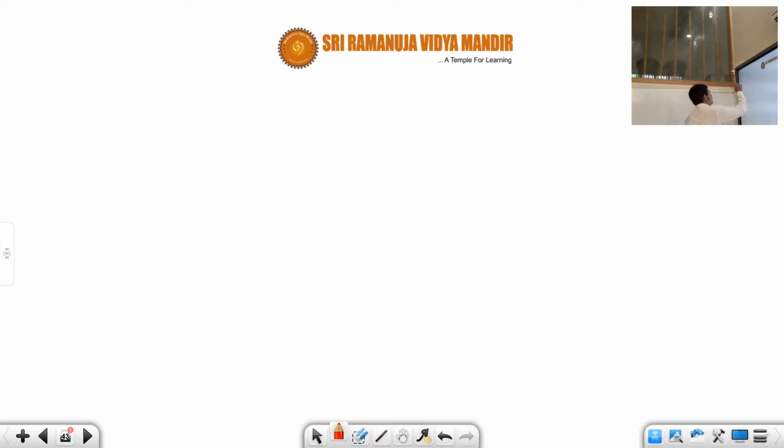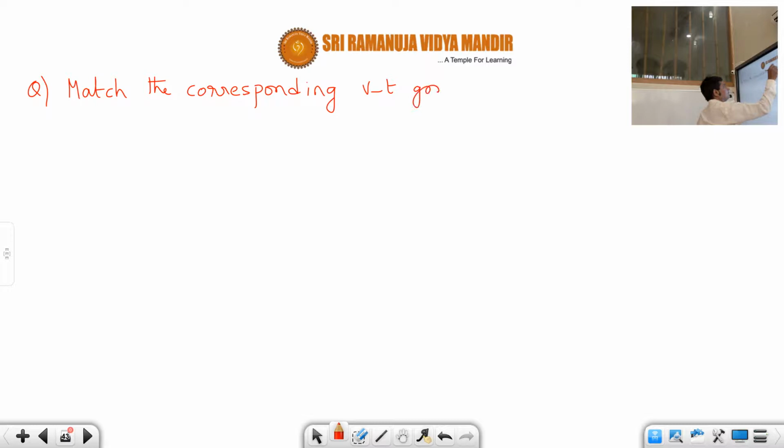Okay, students. So the question is, match the corresponding VT graph for the given XT graph.